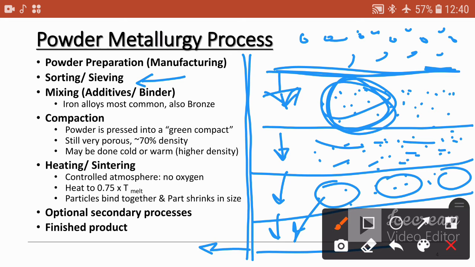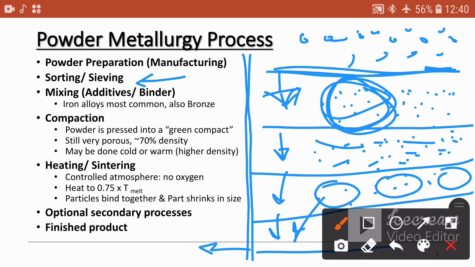So next is some optional secondary processes, like adding some ghee or oil on chapati, okay. So here also we will add some oil, lubricating oil, on this material, or we will add some other material to make our product valuable.